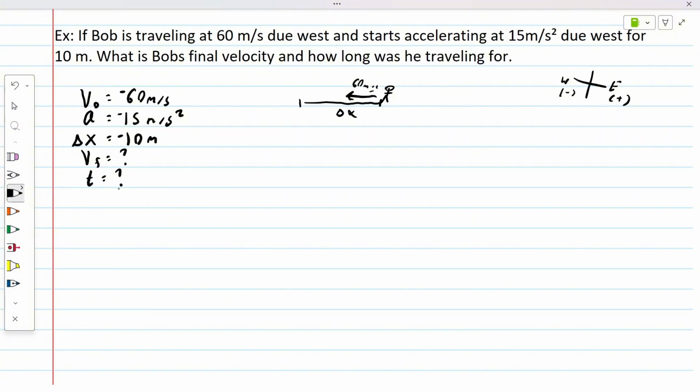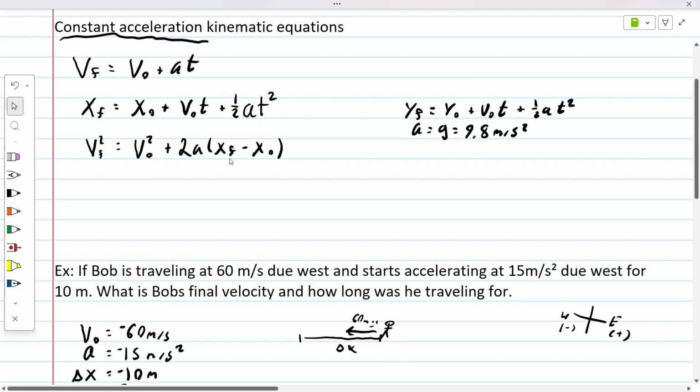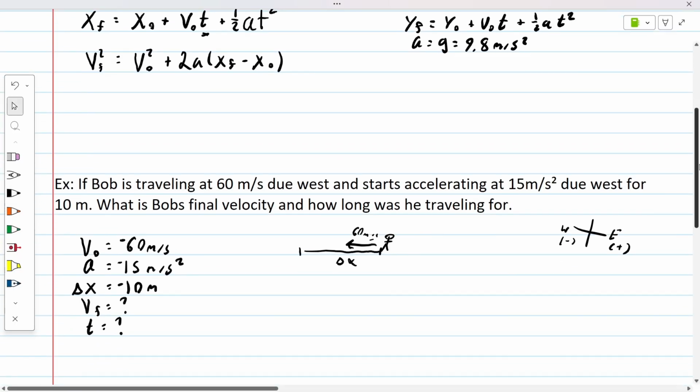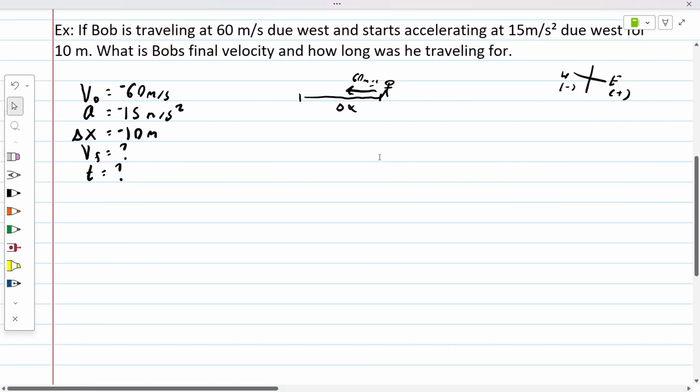What equations can we use to start solving this? First off, we need to find the final velocity, right? If we try to use this equation, it has time here, and we don't know time yet. And this one also has time, we're not given time, but this equation right here does not have time, and we can solve for final velocity. So that's probably going to be the one we want to use for this first part.